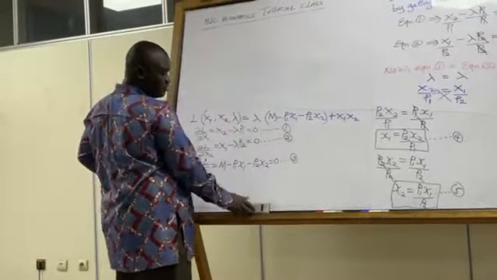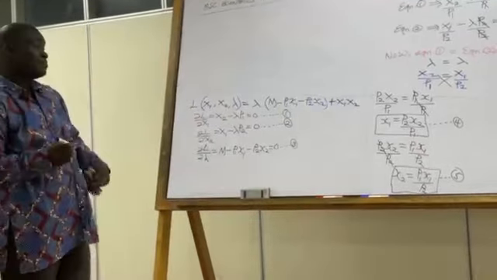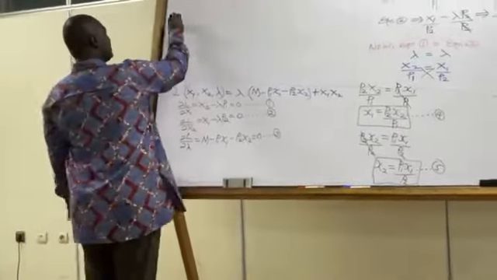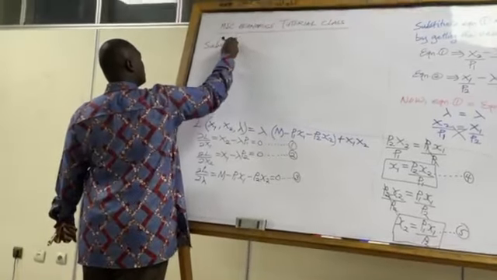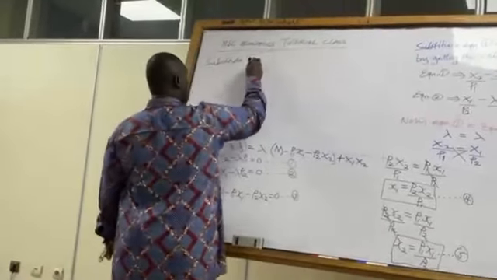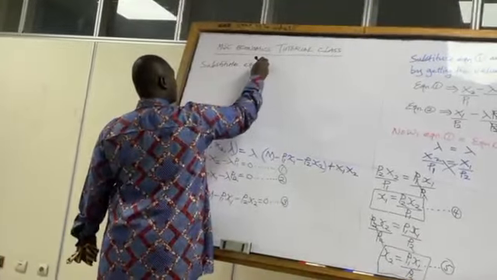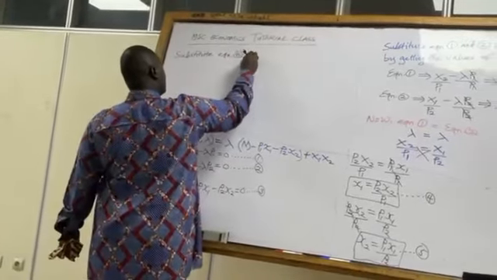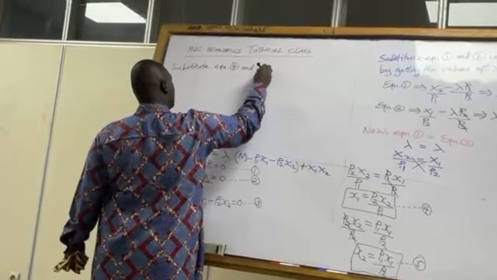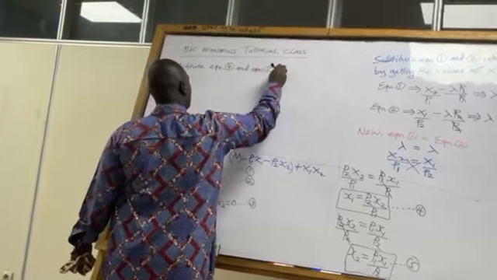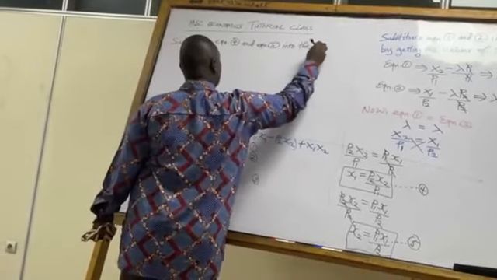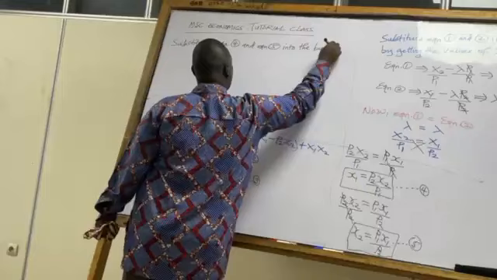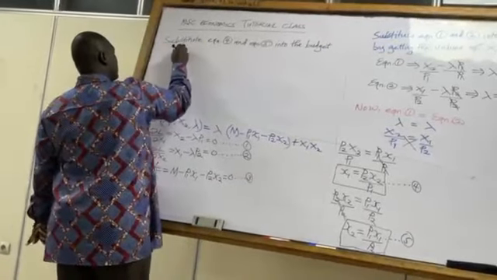Alright, so let's come here. So in this case, now you say substitute equation 4 and equation 5 into the budget constraint. Are you there? Into the what? Budget constraint.